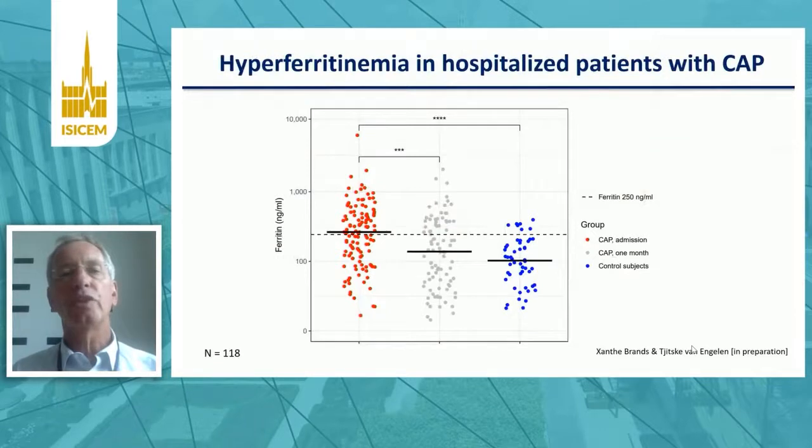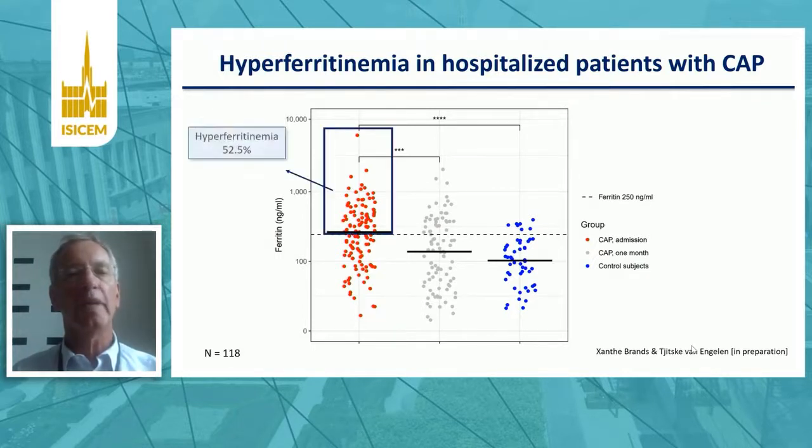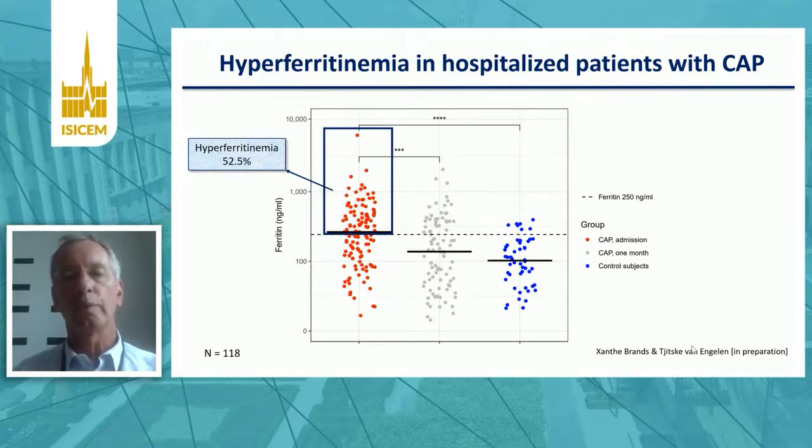We also asked the question in less severely ill patients hospitalized with community-acquired pneumonia, what hyperferritinemia means. So if you have ferritin levels above normal. And in red, you see patients that were admitted to the hospital with CAP, and approximately 50% of them have elevated levels of ferritin relative to control subjects, which are depicted in blue.